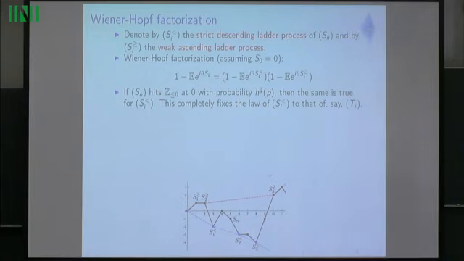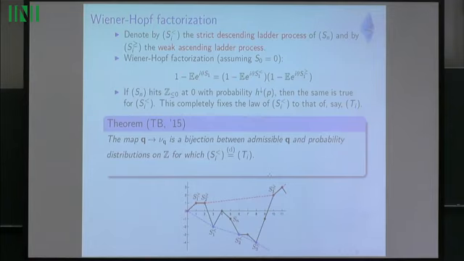Okay, so why is this useful? Well, if you know the descending ladder process, then of course you know where it will hit some negative half-line. So requiring that my random walk hits a negative half-line at some value with a particular probability is asking the same for the descending ladder process.